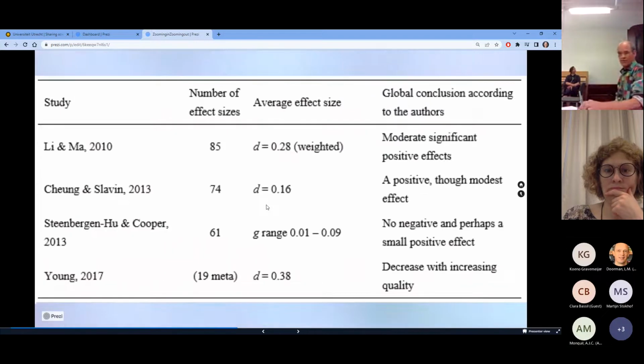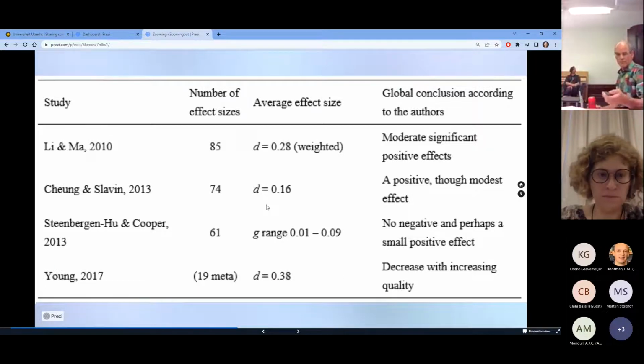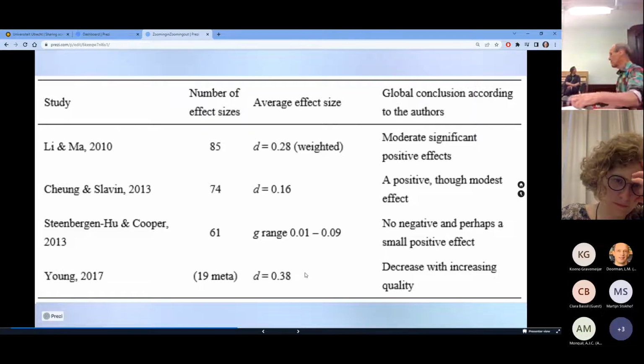Now, does it work? Here you see some results from some review studies, meta studies. The bottom one is in fact the most recent one and the most interesting one, the Young 2017 paper. He claims that there's an overall effect size of 0.38 reported in the studies on interventions using digital tools in math education.